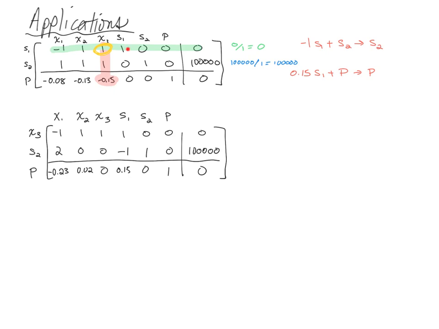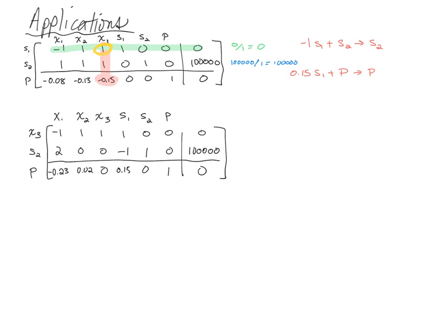Again, you can see that this column under s sub 1 has moved to be under x sub 3. So the basic variable now with a 1 in the first row is x sub 3. That'll be important when we get over to the next slide. But okay, we have a new basic variable here that we found.